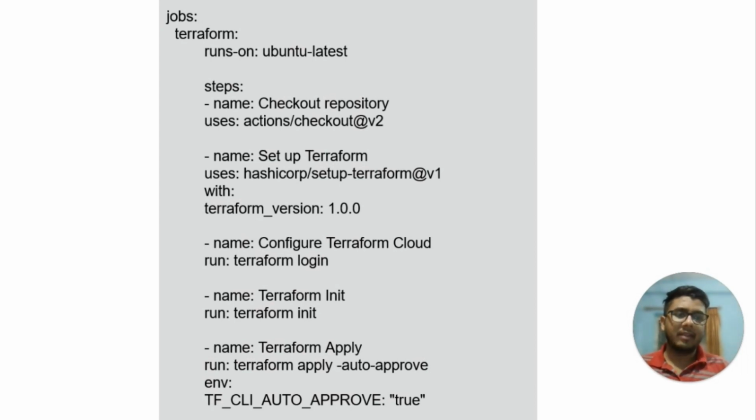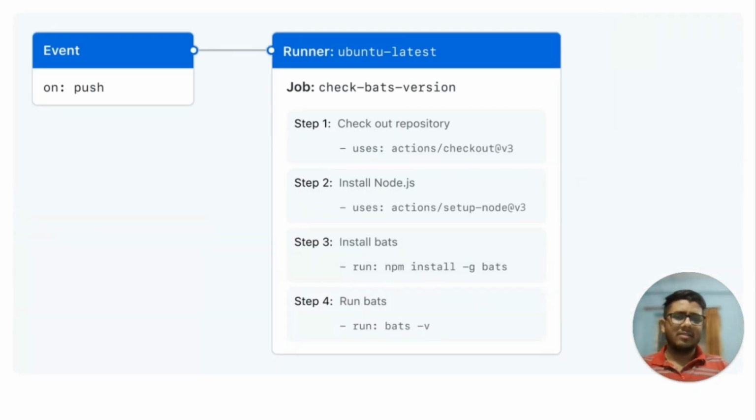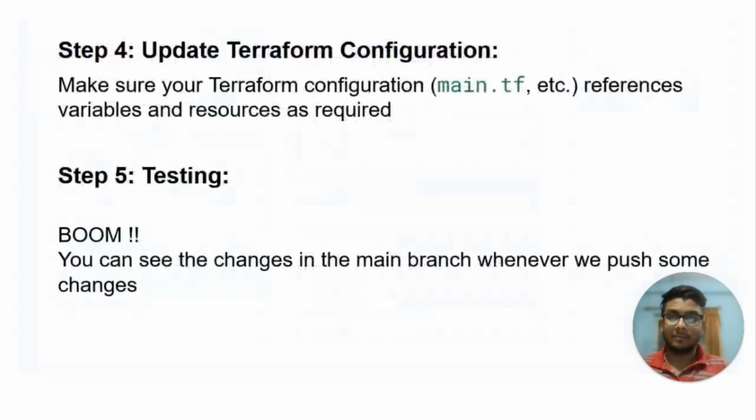We don't require anything here, and then it will init and apply. This is a simple example of how to visualize Terraform workflows. It's a simple job sequence, but it is required in written form, so you can visualize it more impactfully.